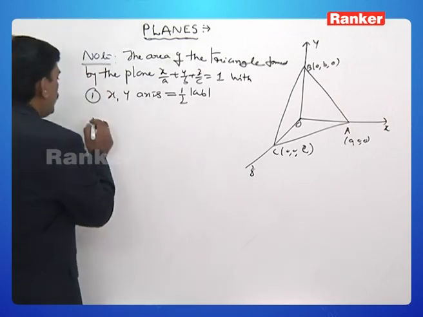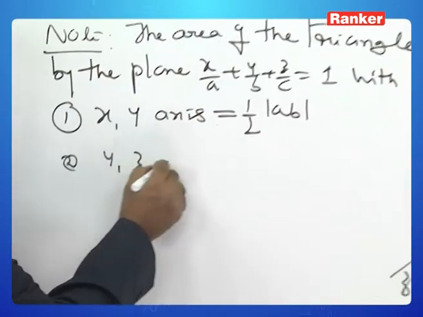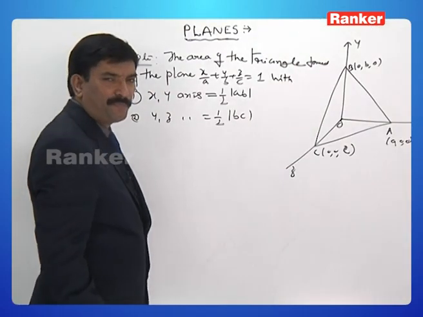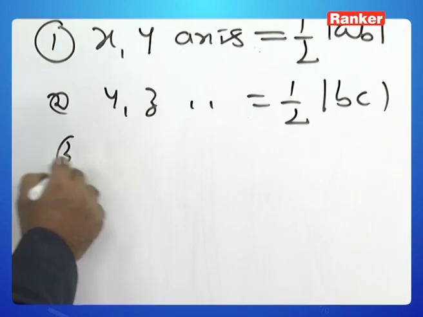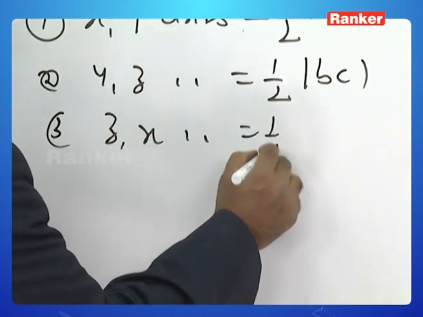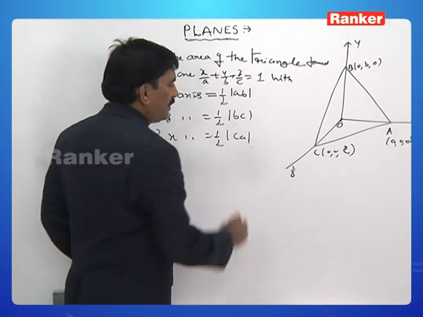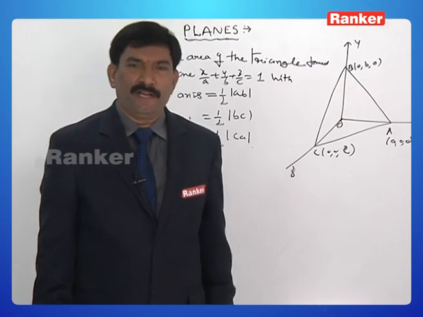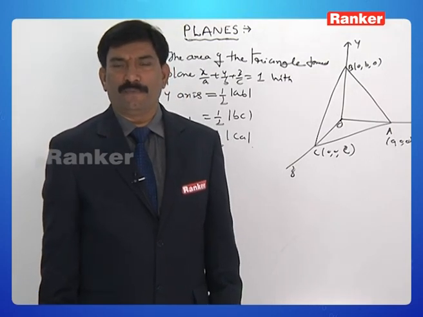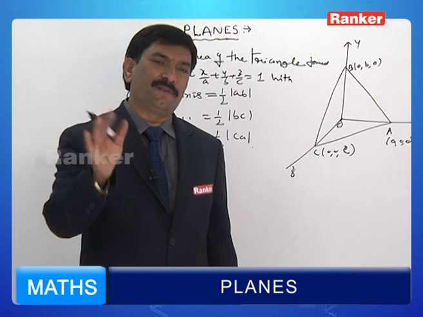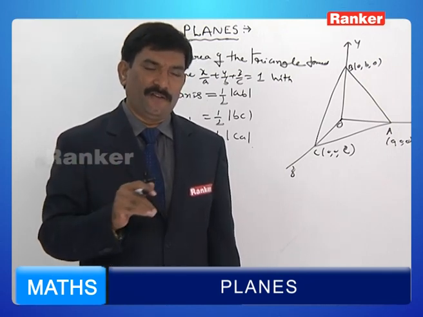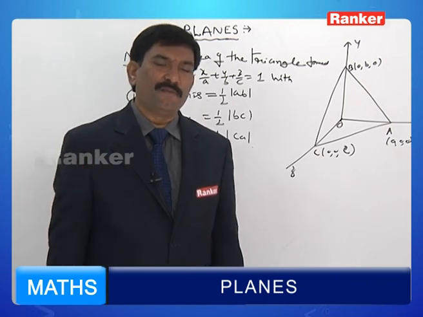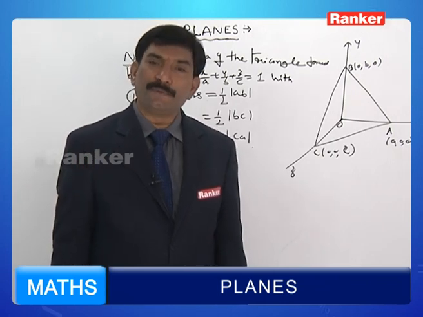So I can write second one, y z axis is equal to half of modulus of BC. Next, third one is z and x axis, half into modulus of CA. So therefore, hereafter, the area of the triangle formed by the plane x by A plus y by B plus z by C is equal to 1 with x comma y axis is half of modulus of AB, yz axis half of modulus of BC, z and x axis half of modulus of AC.